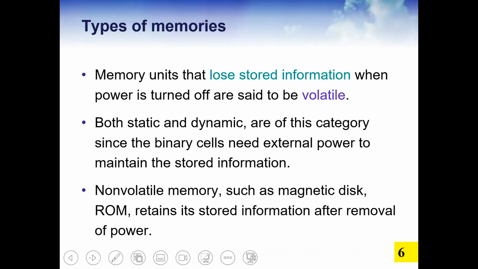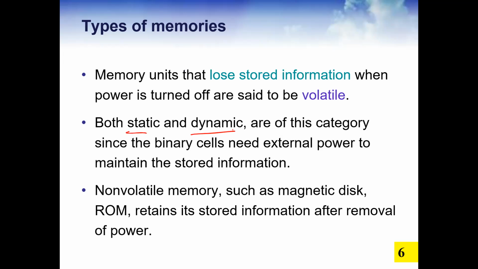Let's move on. The types of memories, guys, could be volatile and non-volatile. Memory units that lose the stored information when the power is turned off are said to be volatile, like RAM, both static and dynamic. RAM is of two types: static RAM and dynamic RAM.